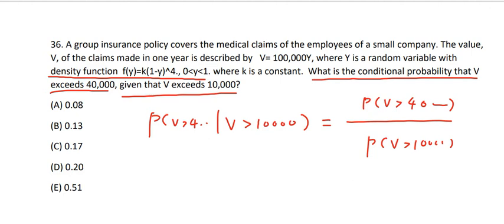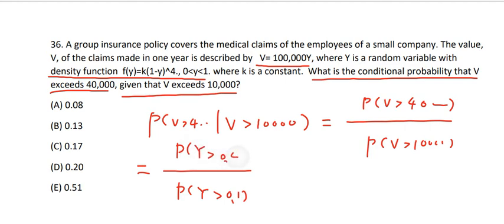Okay, so what is the density function for V? Oh, so we have this relationship V equals so much of Y. So we just replace with Y. So this one equals P of Y larger than 0.1, given Y larger than 0.4.